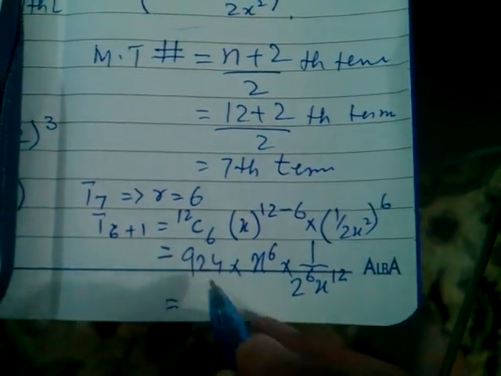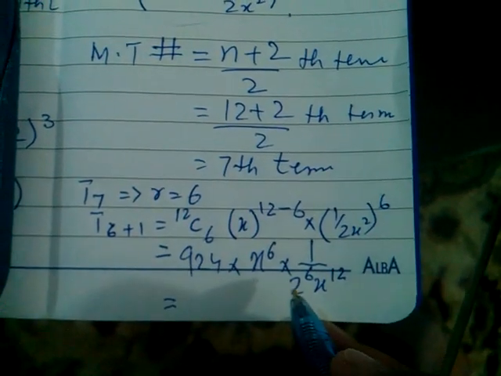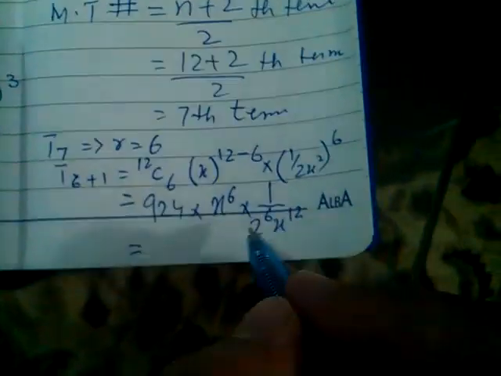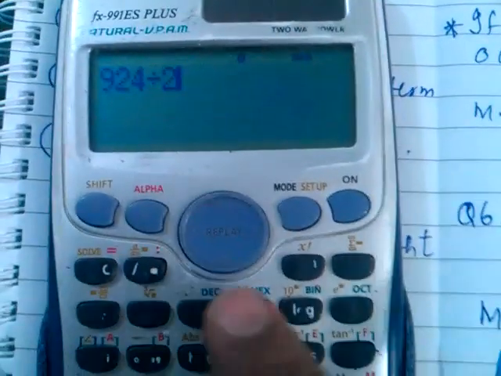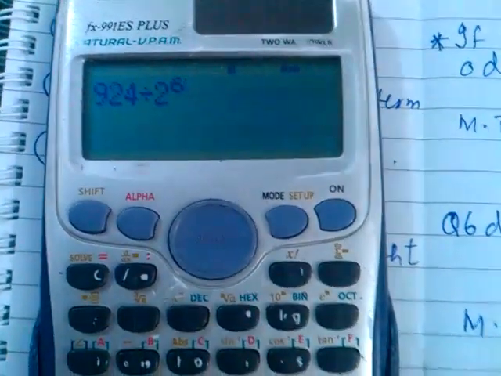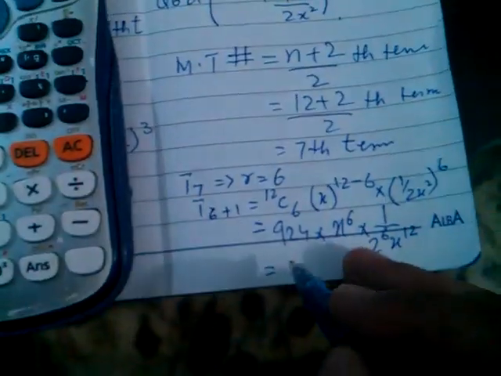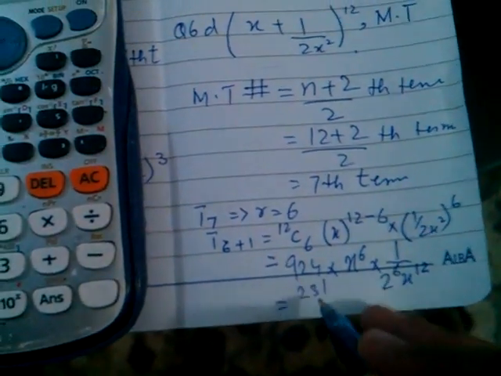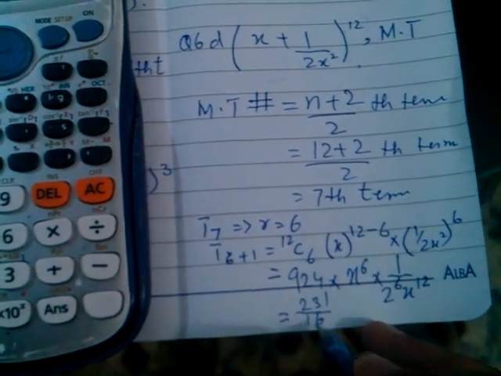Simplifying again, 924 divided by 2 power 6, and the answer is coming 231 over 16.